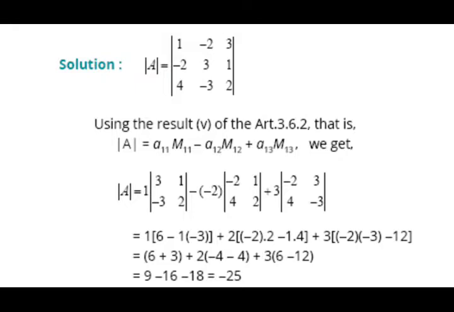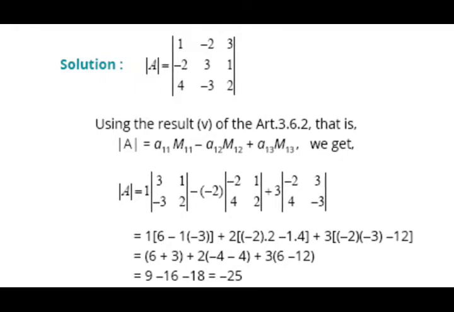We replace a11 by its value. a11 means first row, first column. Its value is 1. For minor M11, we delete the first row and first column.